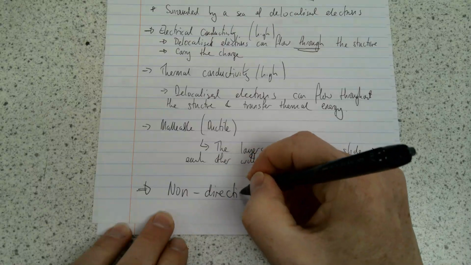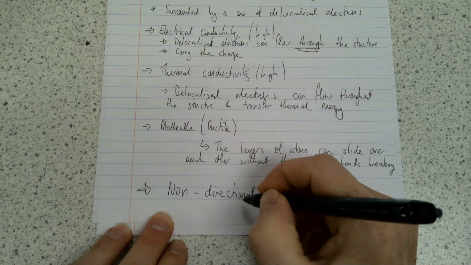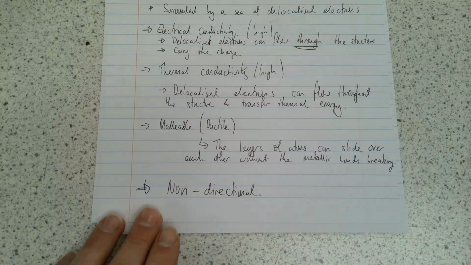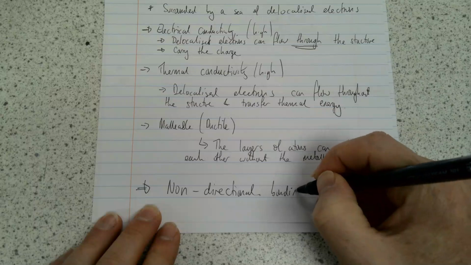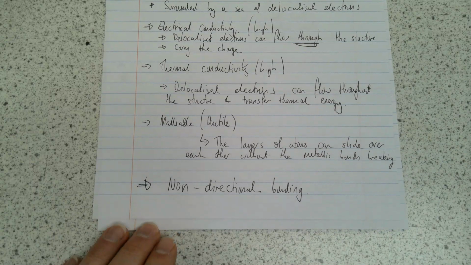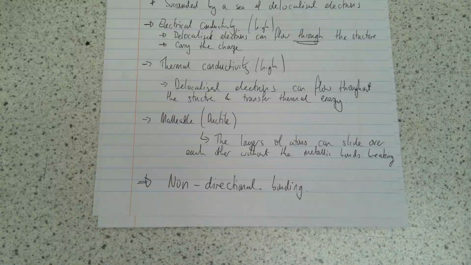And that allows you to understand the malleability and ductility. It's non-directional metallic bonding. All right? So those electrons are like glue between all of those metallic ions. And I've got a nice picture here which I'll show you and I'll send to you by the Google Classroom. So I think we've covered lots of stuff here.